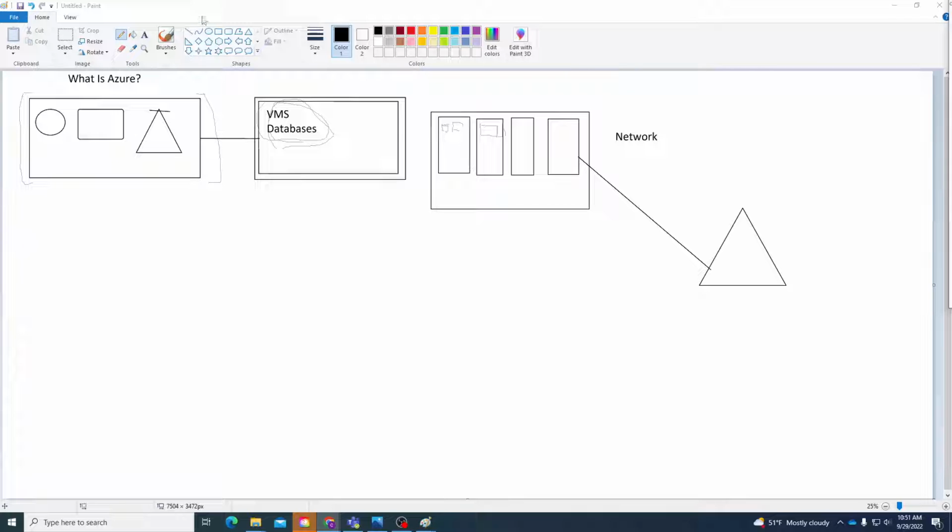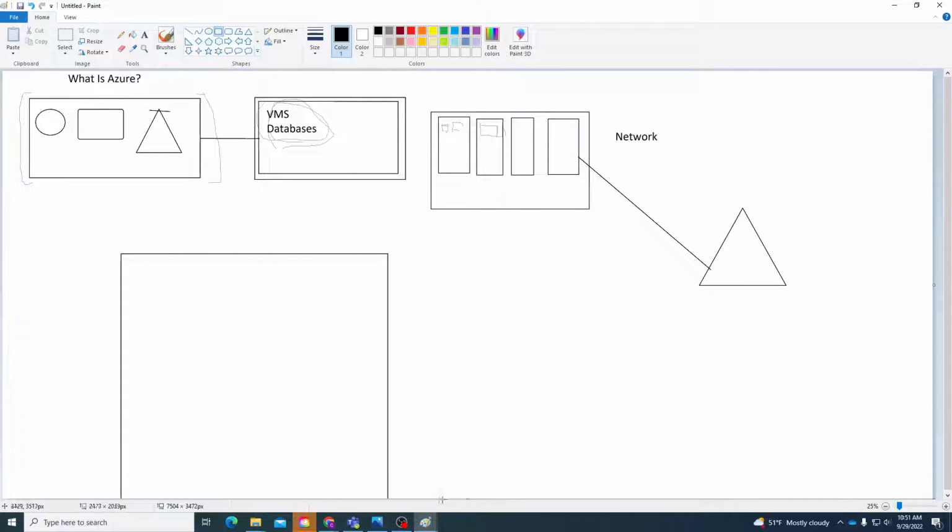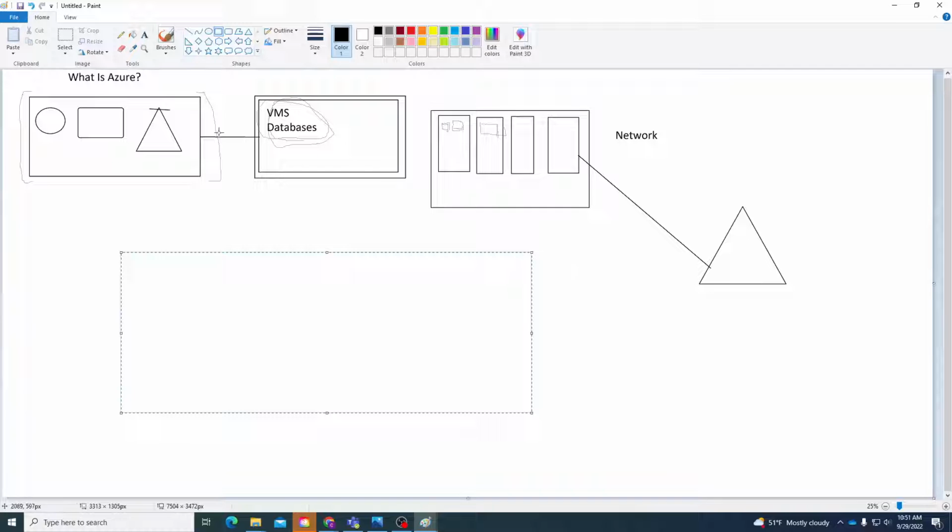Yep. So, and then Azure is split up into what are known as regions, and inside those regions there's data centers. And the closer you are, the less latency there'll be.